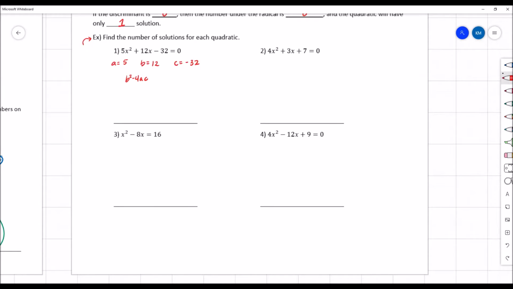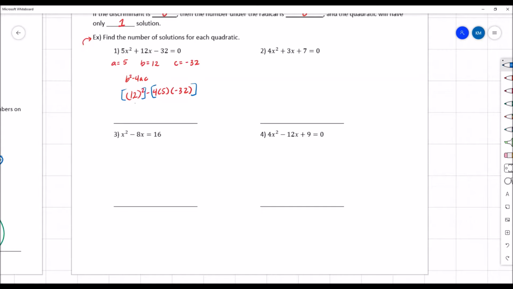So a is 5 in this problem, b is 12, c is negative 32. So we use b squared, which is 12 squared, minus 4 times a times c. I always would instruct you probably here to separate these two and keep the minus between them.